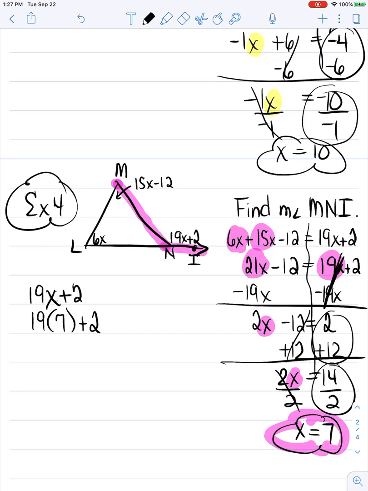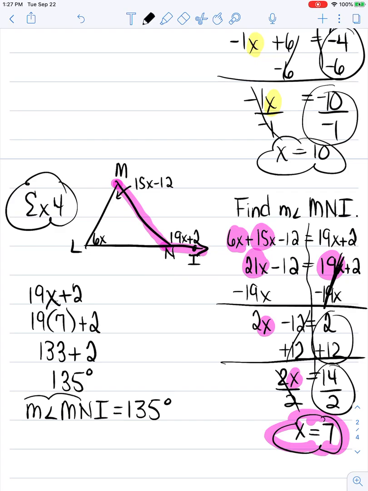I always use my calculator for this part to make sure I'm accurate. So 19 times 7 is 133. And then 133 plus 2 is 135. So the measure of angle MNI is 135 degrees.